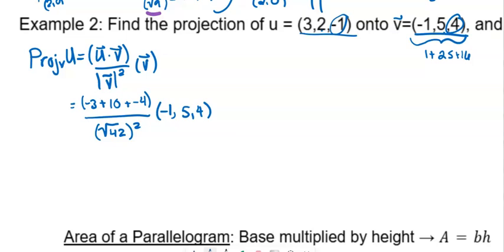Okay. -3 plus 10 minus 4 is 3. The root of 42 squared is 42. And there's the direction of my vector. This can be reduced.